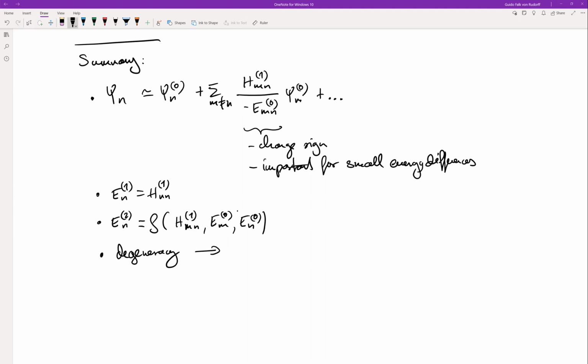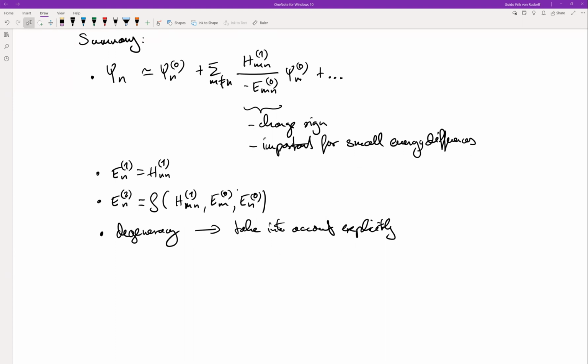So if you have degeneracy, you need to take this into account explicitly. We didn't look into that so far.